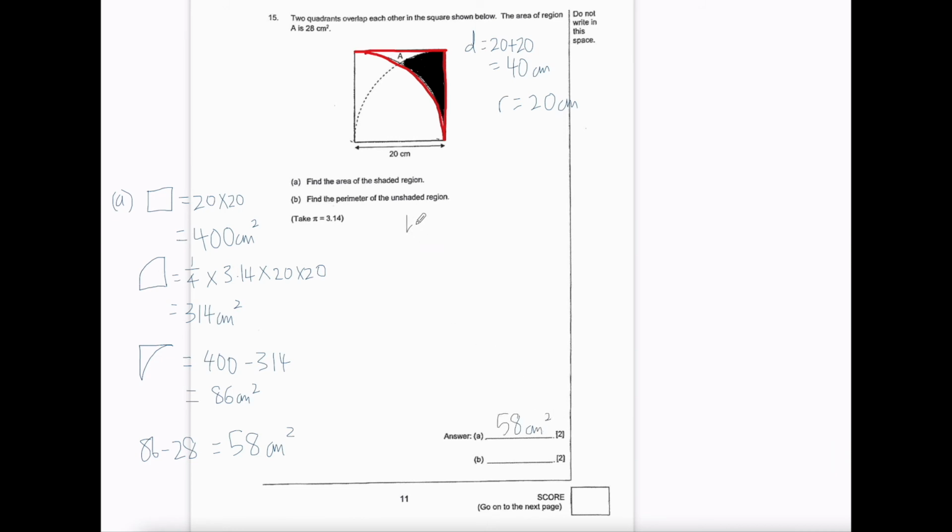Okay, so now I need to find the perimeter of the unshaded region. I will have to remove away the red lines, okay?